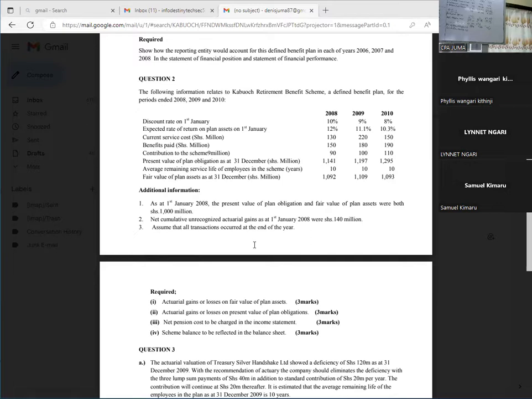The closing for plan obligation 1141, 1141, 1197. 1141, 1197, then 1295. What about assets? 10. Reduce. This asset reduces the obligation. 11.0. Also reduces the obligation. Then 10.93. This also reduces the obligation.